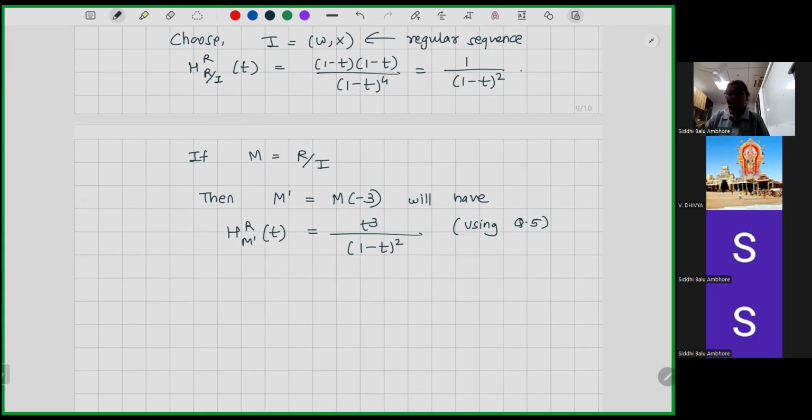And we actually have this module M, which is R quotiented by I with the shifted degree 3, which gives me Hilbert series t cube over (1 - t) square.